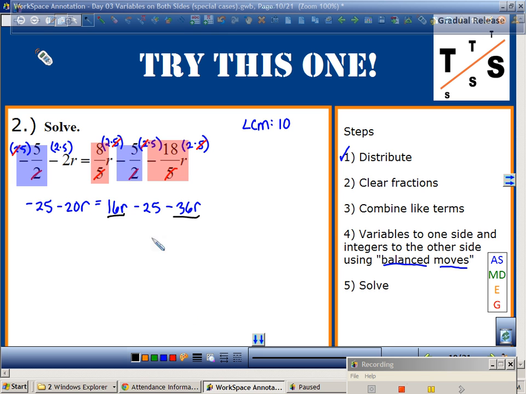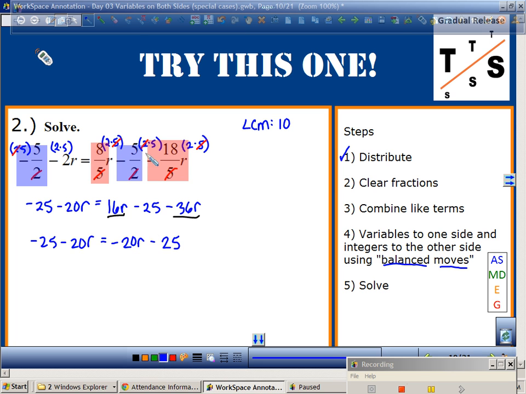Okay, Brenda, so that is your official warning. Negative 25 minus 20r equals, I've got 16r and negative 36r makes how many r's? Negative 20 r's minus 25.